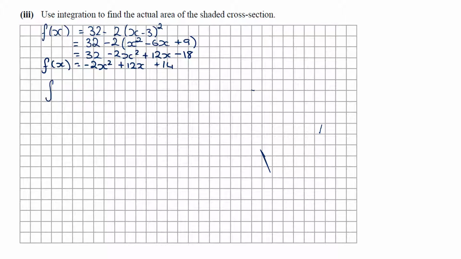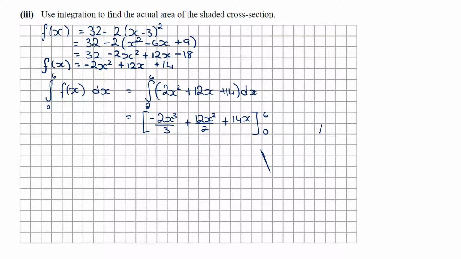So now, I want to integrate between 0 and 6, my f of x, with respect to x, which gives me between 0 and 6, I'm going to integrate my minus 2x squared plus 12x plus 14 dx, which is going to give me minus 2x cubed divided by 3 plus 12x squared divided by 2 plus 14x, and this is between 0 and 6.